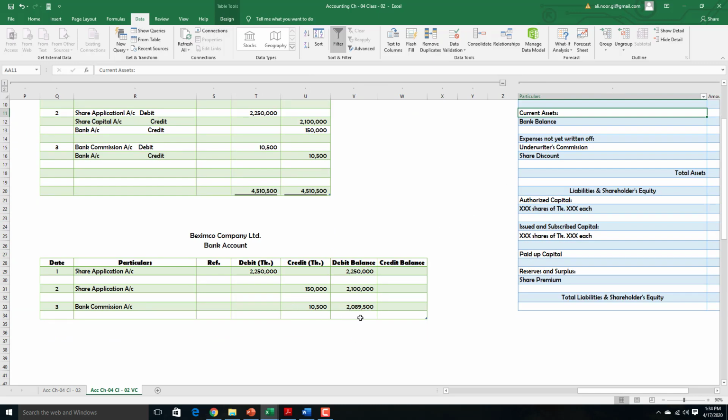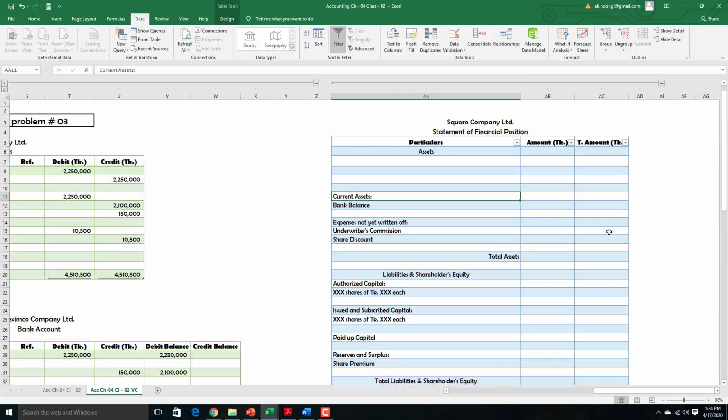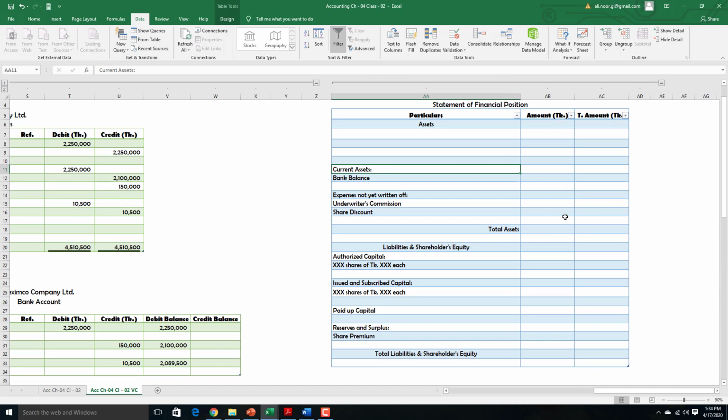So let's plug it into the statement. Next we have to find expenses not yet written off. We have only underwriters commissions, so I delete it.